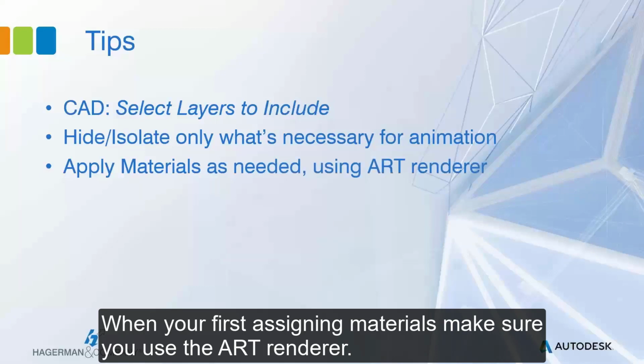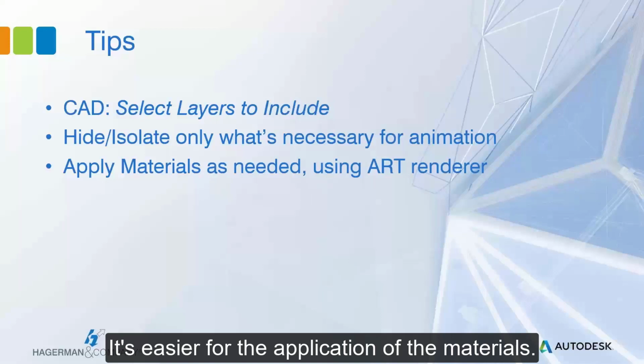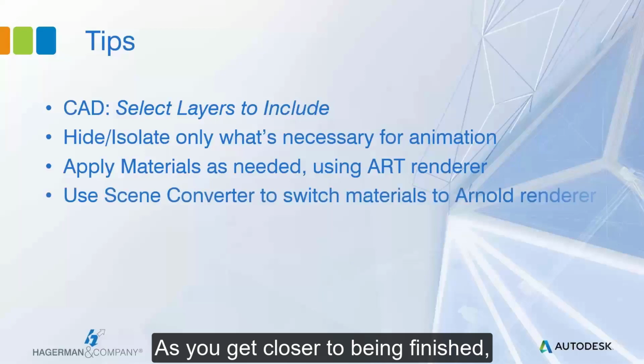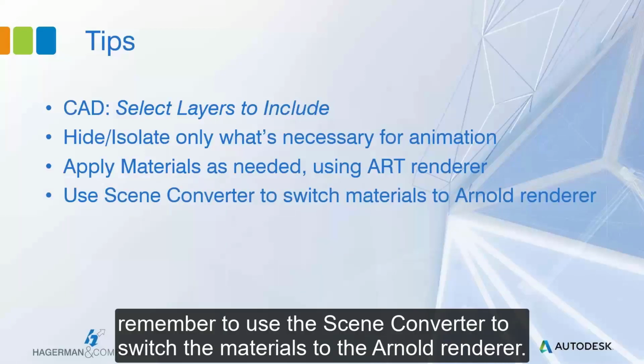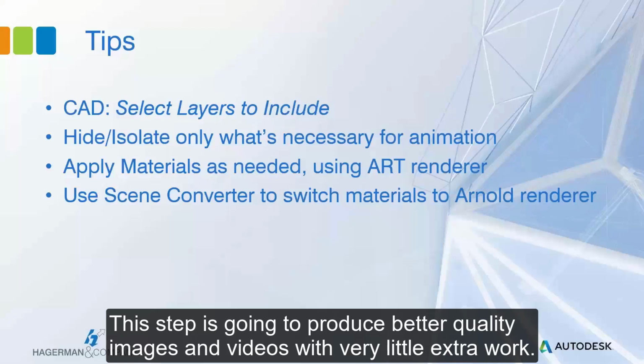When you're first assigning materials, make sure you use the art renderer. It's easier for the application of the materials. But as you get closer to being finished, remember to use the scene converter to switch the materials to the Arnold renderer. This step is going to produce better quality images and videos with very little extra work.